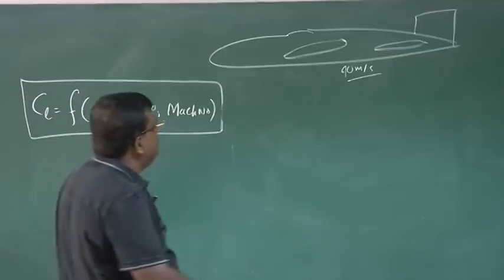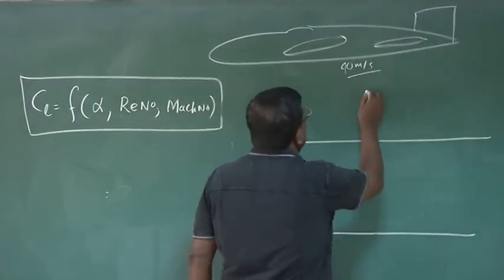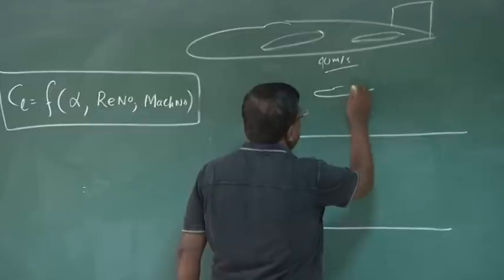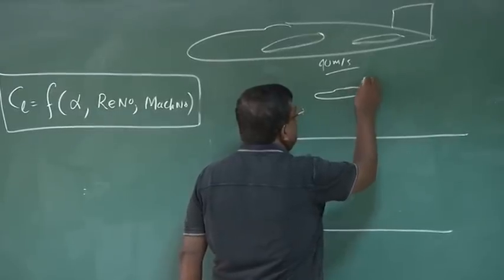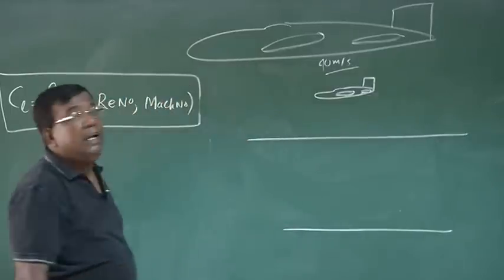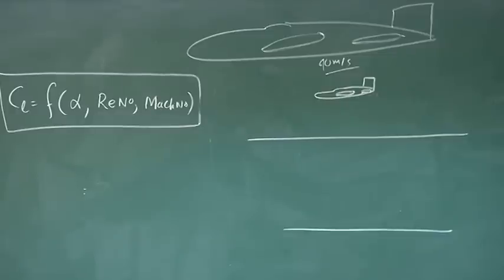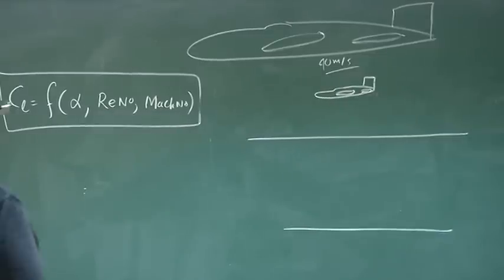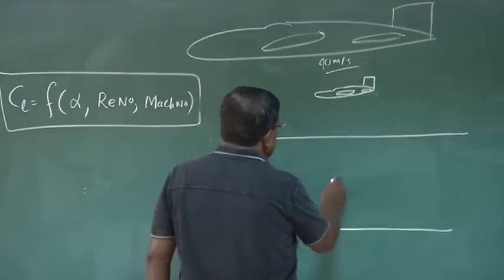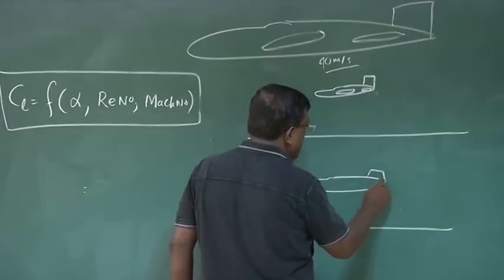I make a smaller, similar configuration, exactly geometrically similar. We call it a scaled down model, maybe 1/25th, 1 by 50th, 1 by 10th. Each dimension is reduced like that. Then I put this inside this tunnel.